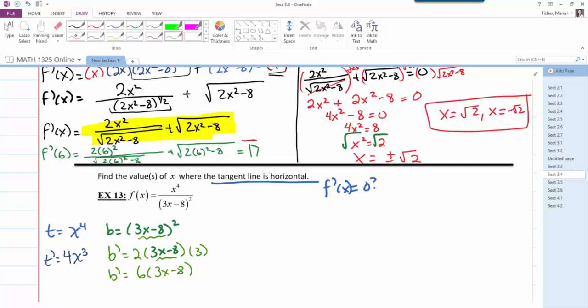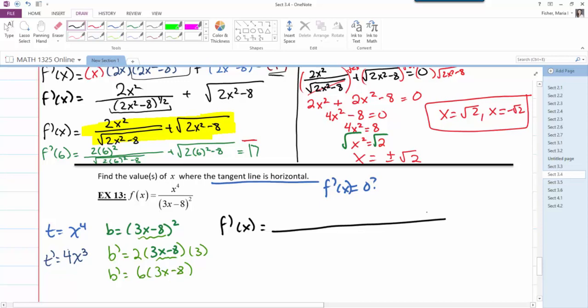So now we know that f prime of x is going to equal the bottom, which is my 3x minus 8 squared, times the derivative of the top, which is 4x cubed, minus the top, which is x to the fourth, times the derivative of the bottom, which is my 6 times 3x minus 8.